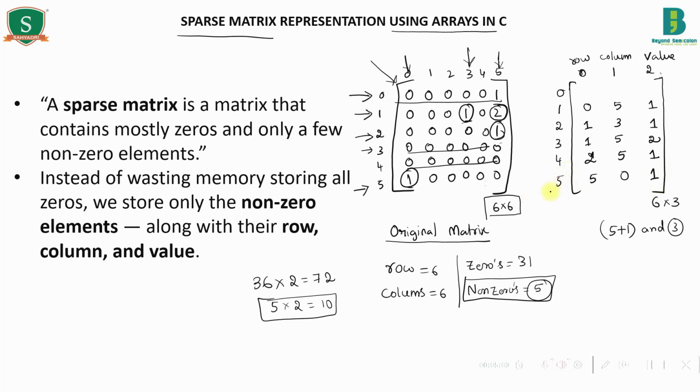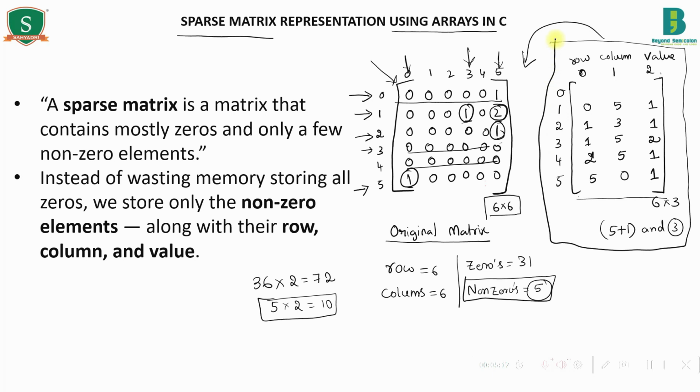We must be able to reconstruct the original matrix from this sparse matrix representation. Yes, we may get a doubt now. Sir, if I give this generated matrix, how do you know how many rows and columns are there?